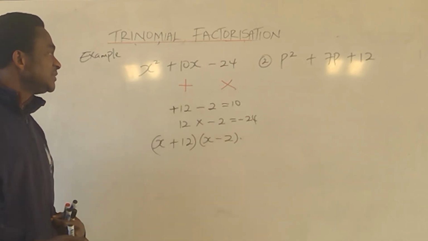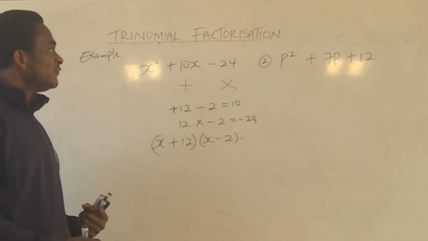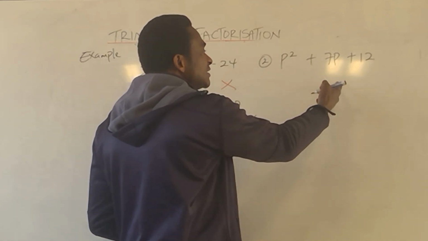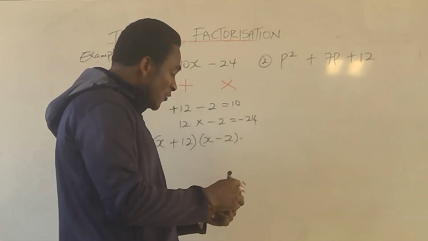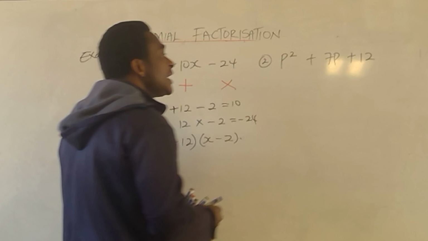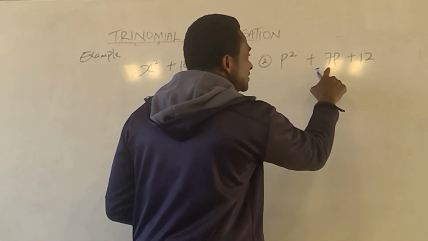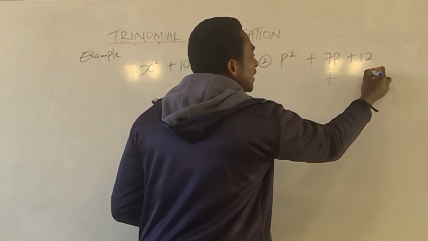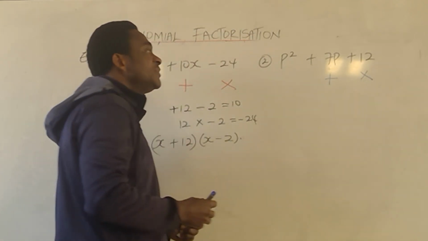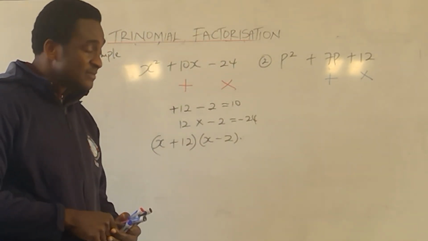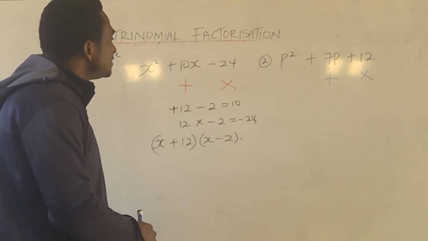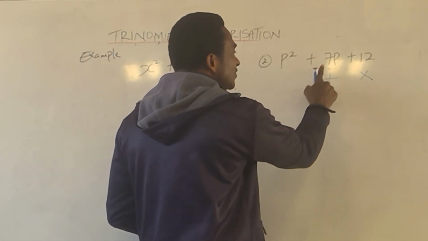Let's take another example, the second one there. If we have p squared plus 7p plus 12, the same approach applies. We look for 2 numbers that when we add, it gives us the coefficient of the middle term, and when we multiply the same 2 numbers, it gives us the constant term. So the 2 numbers in question here are 3 and 4.